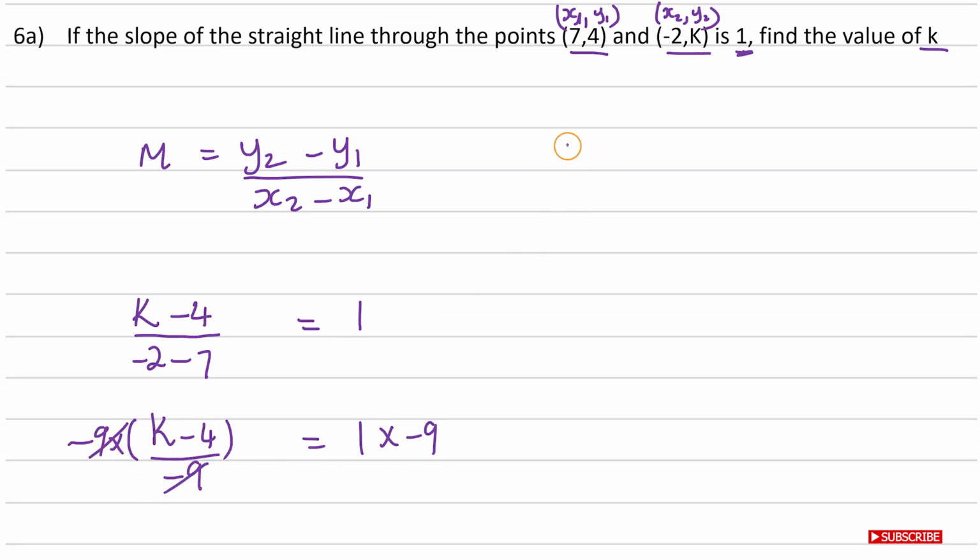Okay, so now what we have is k minus 4 equals negative 9. To get rid of this negative 4, we add 4 to both sides, so plus 4. So now what we have is k minus 4 plus 4 is 0, equals negative 9 plus 4 is negative 5. So k is equal to negative 5.